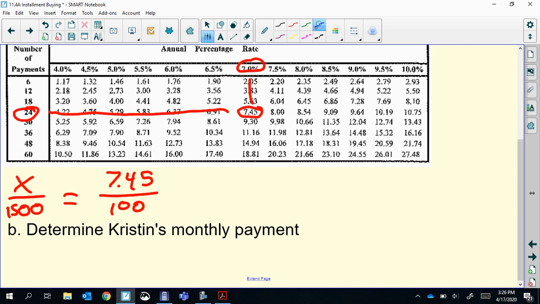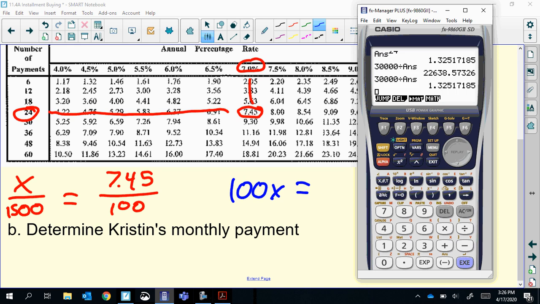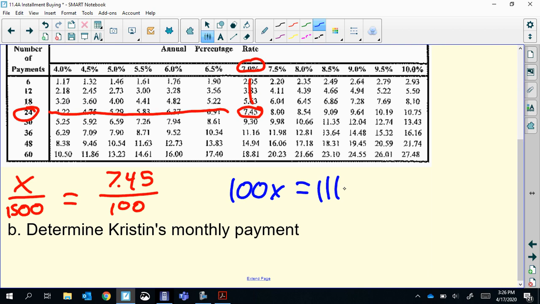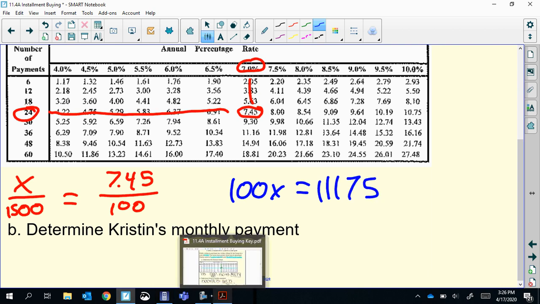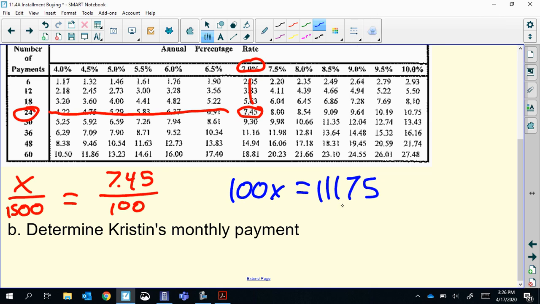So this is now as simple as cross multiplying. 100x equals 7.45 times 1,500. And then we will divide by 100. It's $111.75.